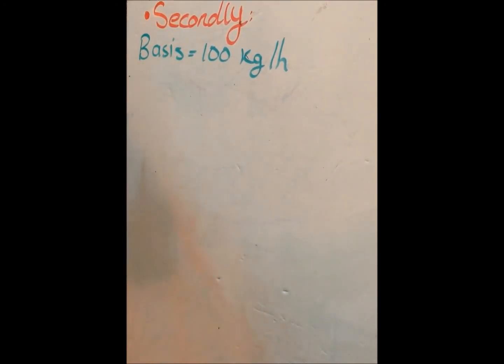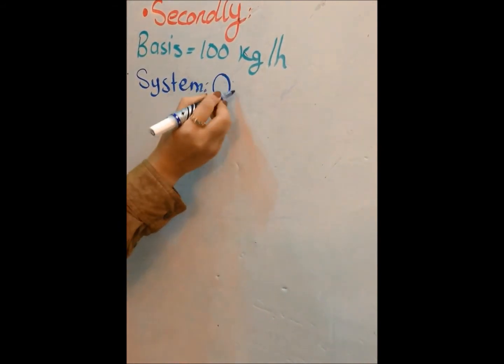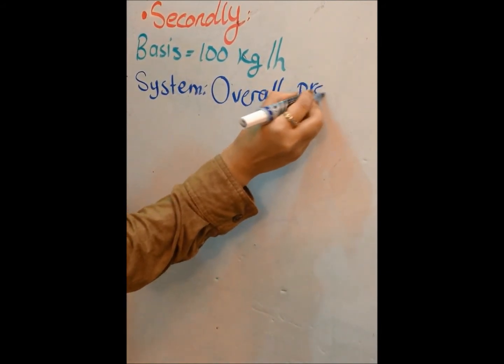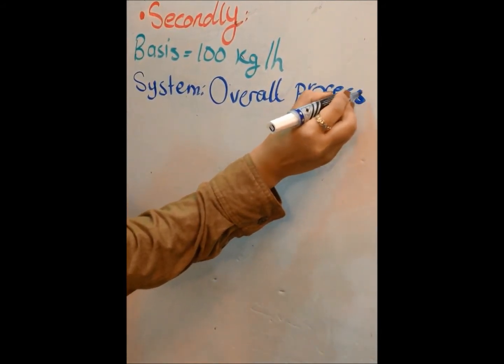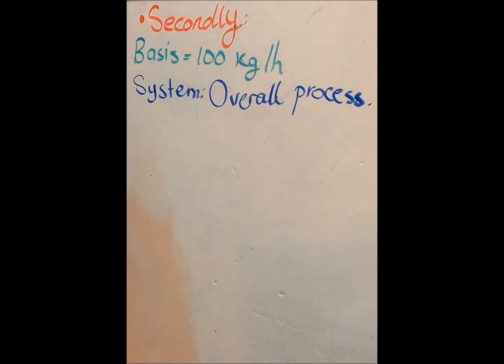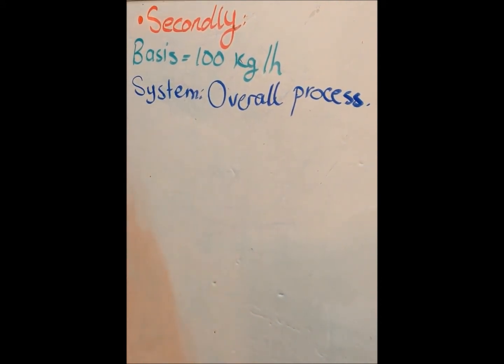So we will start with our system, which is the overall process. Then we can make the overall process balance for the total mass and component mass balance.